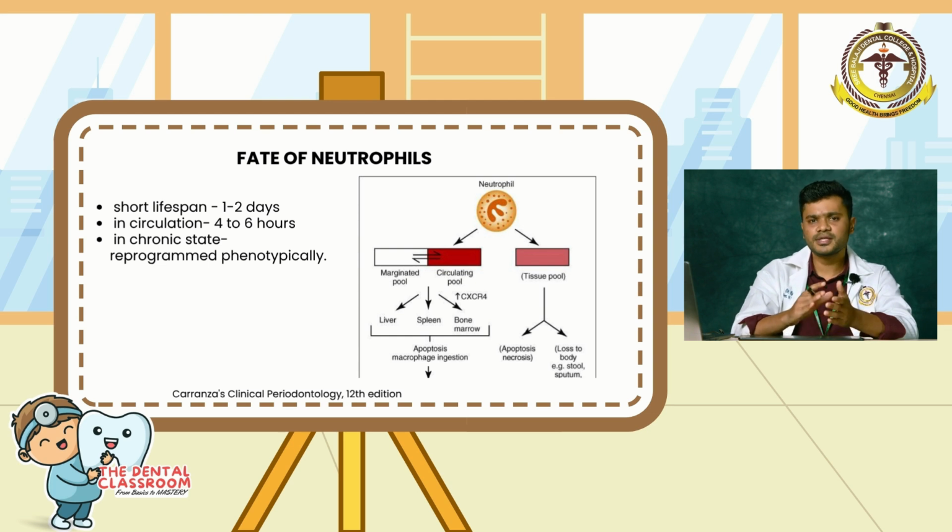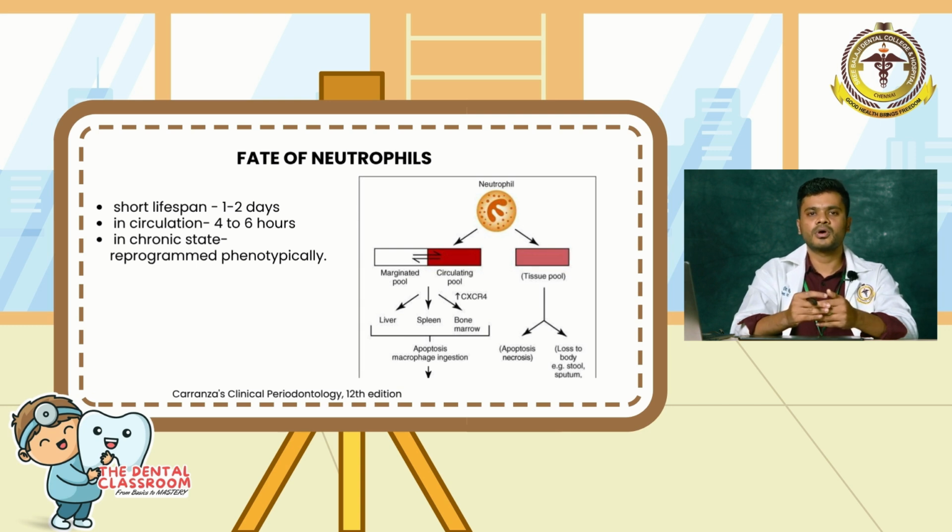6 hours, whereas in chronic inflammation there will be more clumping of bacteria. This leads to more neutrophils coming to the site of infection or injury, which causes a chronic inflammatory response. This leads to clumping of neutrophils, where the neutrophil clearance is delayed, which again increases the chronic inflammation.